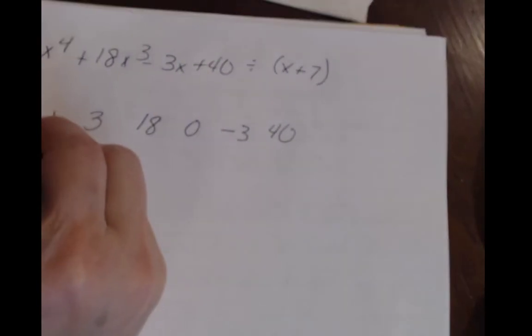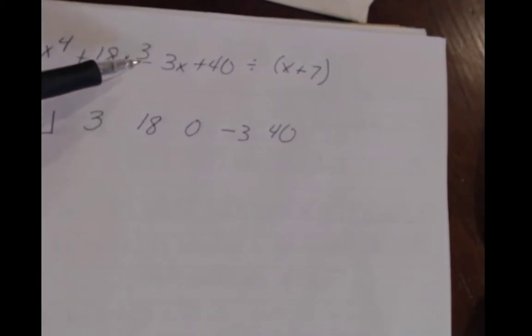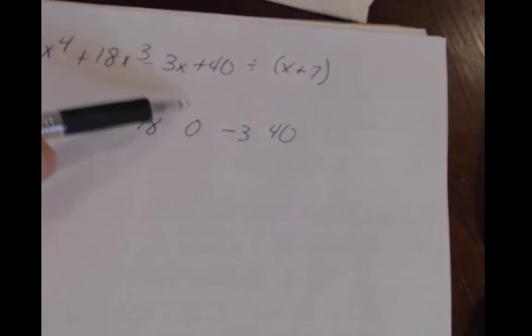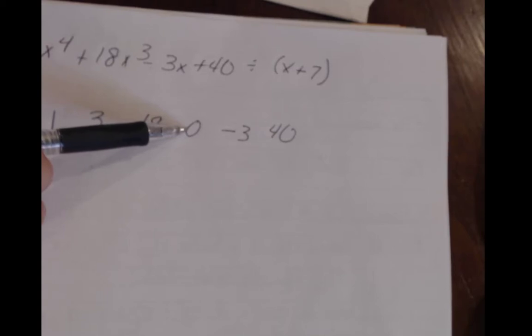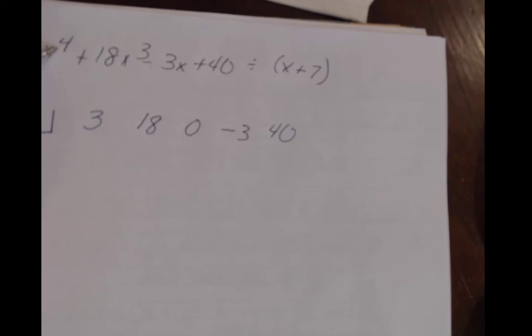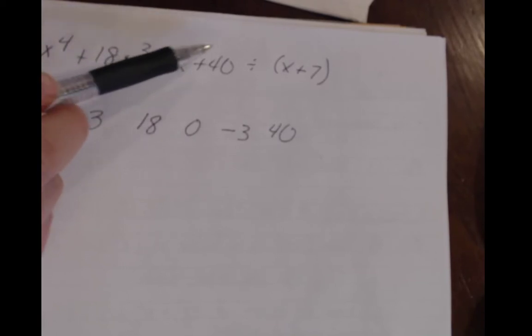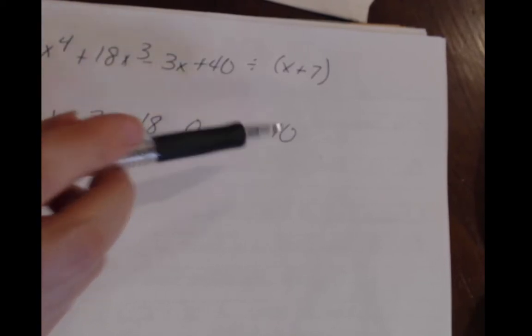So that's what makes this example different, there's no squared term, so we have to put in a 0 to hold that place. If you don't put that 0 in, you won't get the right answer. So do make sure that every term is represented by a number.